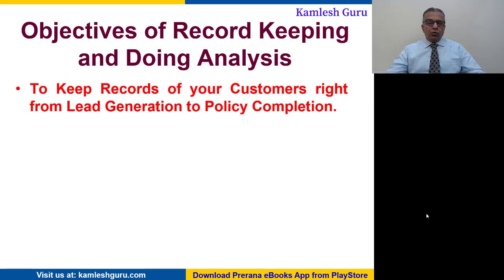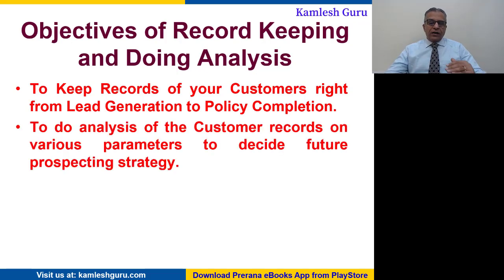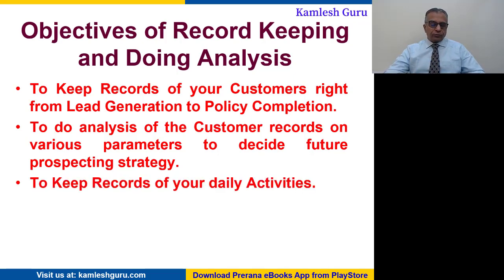So this will keep you on track. And secondly, you have to do analysis of your customer records on various parameters. This will help you to know in which areas you have to take corrective actions, and what your future prospecting strategy should be based on the goals set by you.